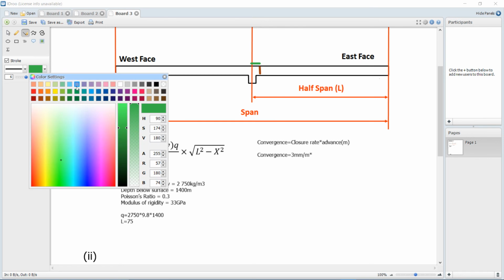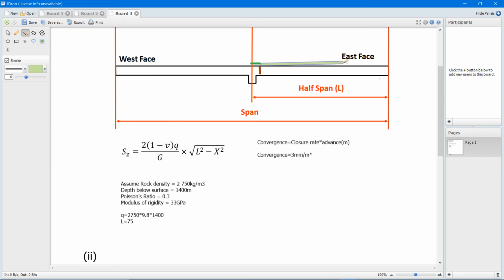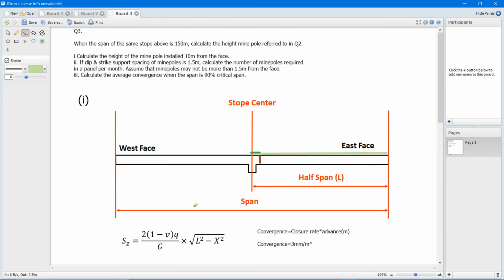But then there's the longer distance from there to there, which becomes 73 meters, since it's 75 minus 2. That is the advance that has happened, right?